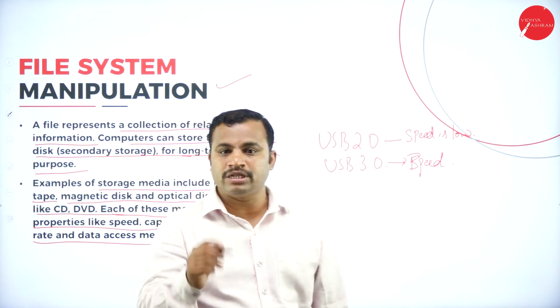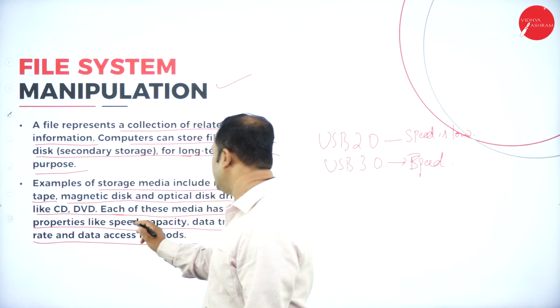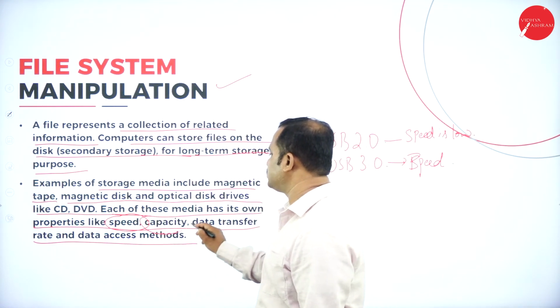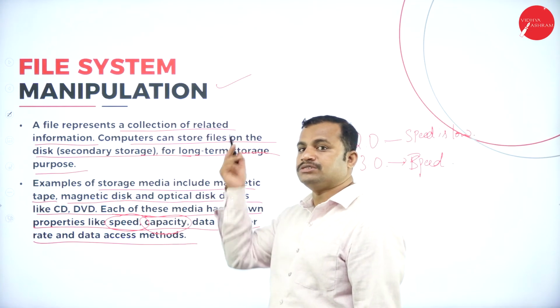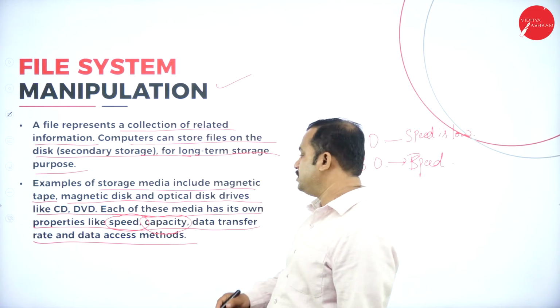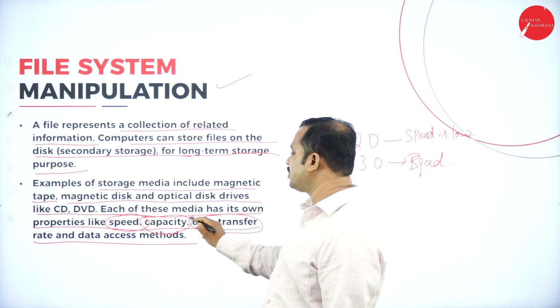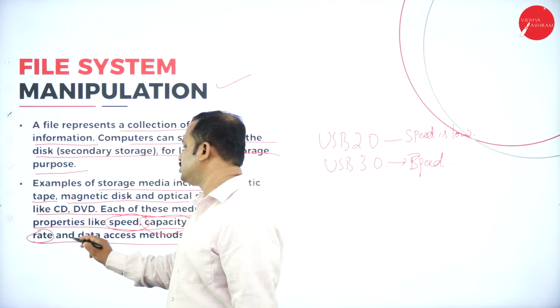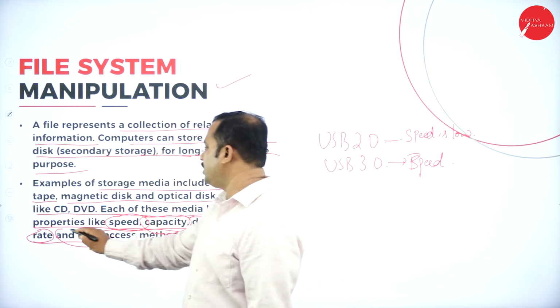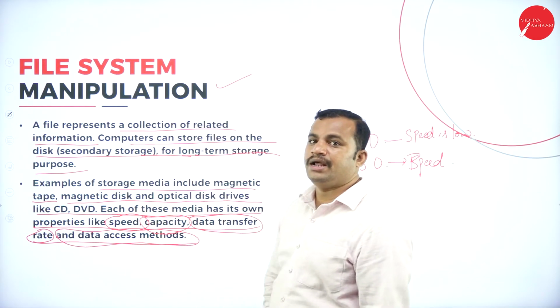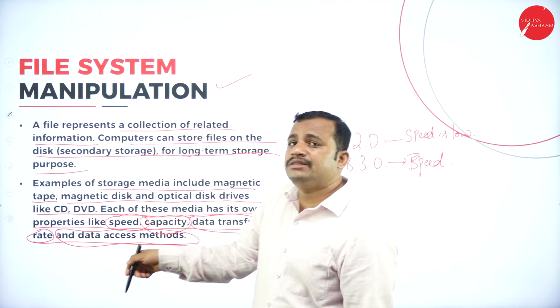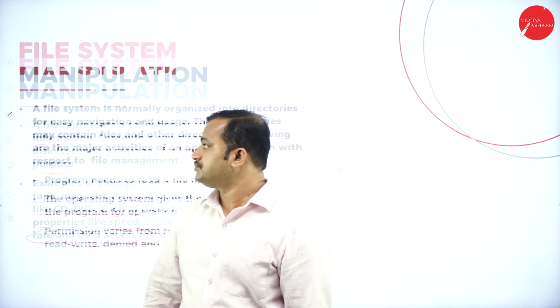That is how we are going to tell the speed. What is the capacity, whether it is 4 GB, 8 GB, 16 GB, 32 GB, and so on. What is the data transfer rate? All those things are measured. Those are also called properties of these media devices that must be handled by the operating systems.